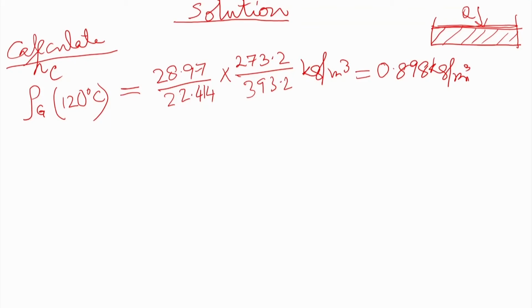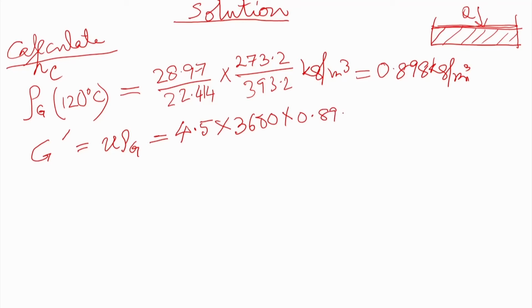And so, the mass flow rate, G prime, will be nothing but U, the flow rate of the drying gas, into rho G. The flow rate is given as 4.5 into 3600, in terms of hours, into 0.898.